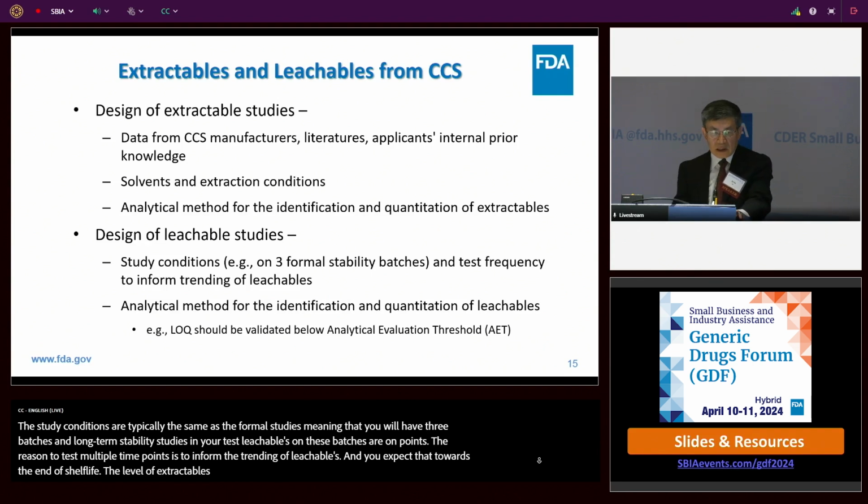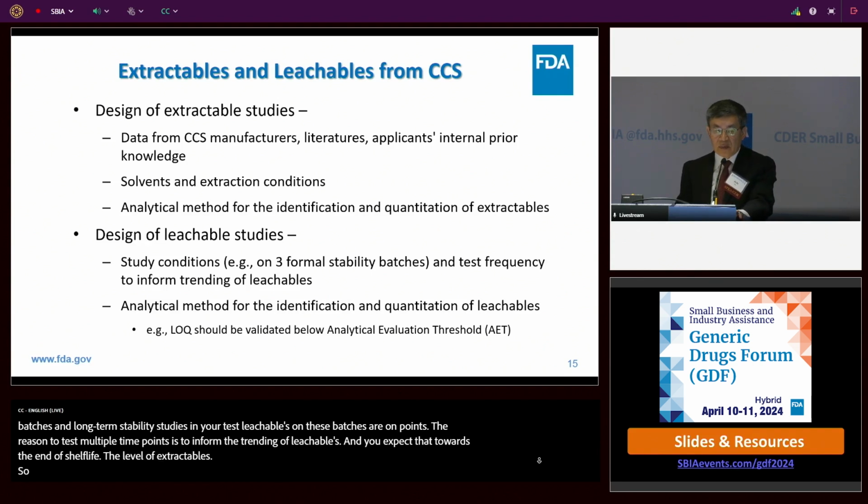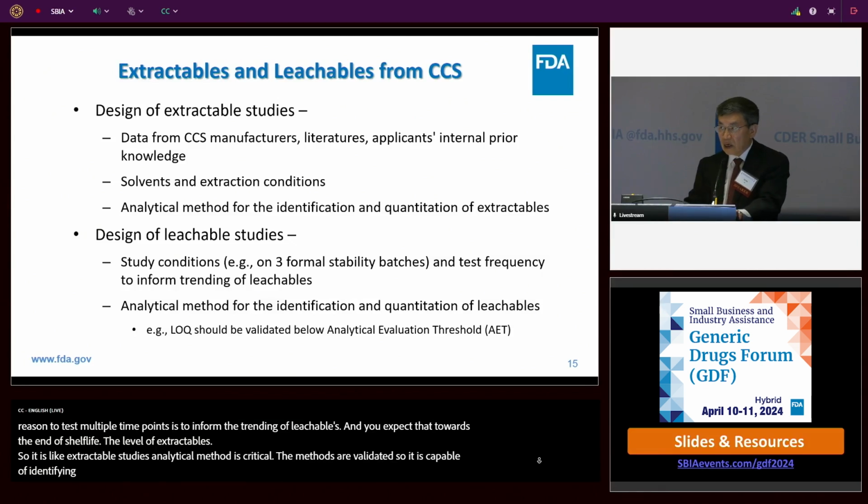Just like extractable studies, analytical method is very, very critical. The method should be validated so that it is capable of identifying and quantifying the leachables above AET. The method validation is actually nowadays very standard according to USP 1225.